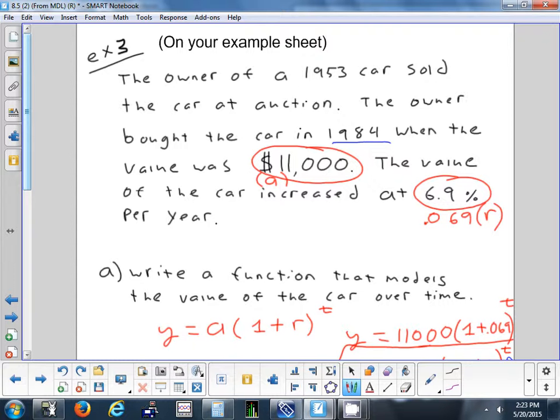That would have been the price the car was sold at when it was made. So we'd have to go back 31 years, which is when this guy bought the car after it was made. Again, that's also assuming that the value of the car always increased by exactly the same amount every year, but that might not be true. Yeah, good question.